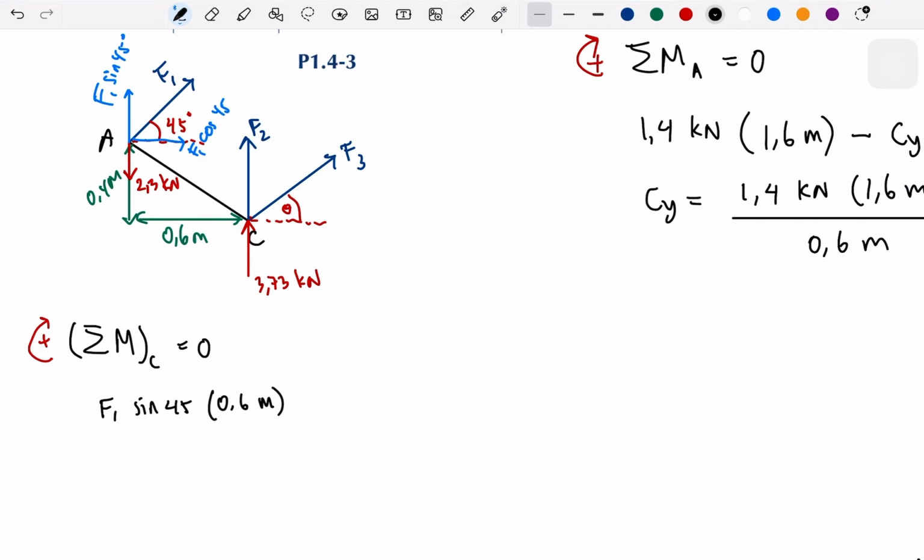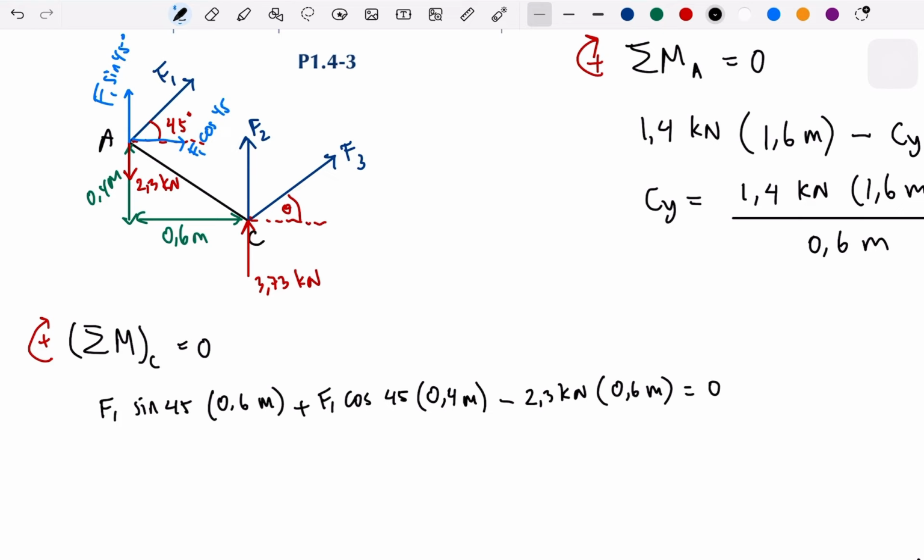And then plus F1 cosine 45, this is 0.4, right? And then what else? The Ay, the 2.3. 2.3, that is the, I think, minus. So minus 2.3 kilonewton multiply with 0.6 meter.